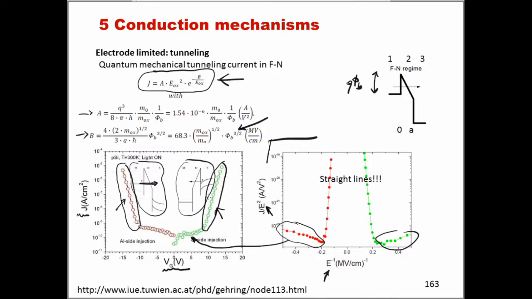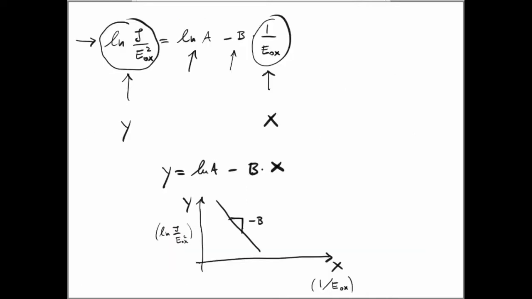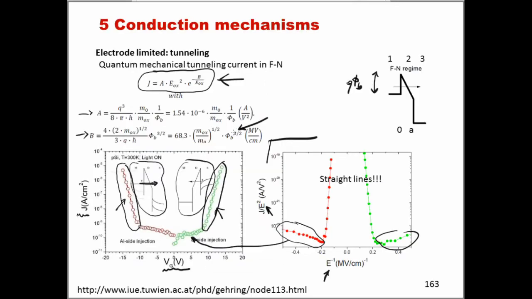So by doing this special plot, we can not only demonstrate that we have Fowler-Nordheim tunneling, but by estimating b, we can also try to estimate phi b, that is the barrier seen by the electrons that are tunneling via the Fowler-Nordheim mechanism.